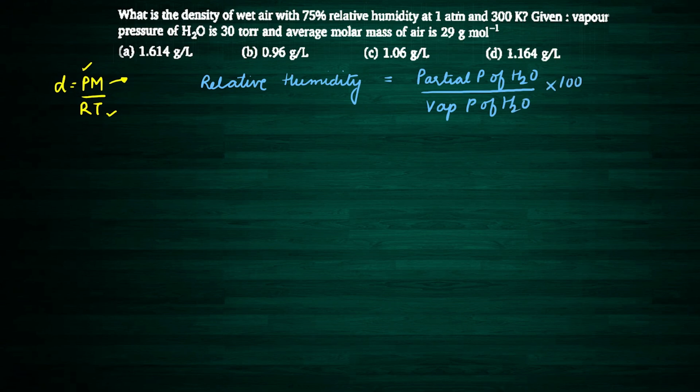So if this is given to be 75%, we can say that the partial pressure of water in the mixture divided by the vapor pressure of water, that is 30 torr, times 100 is equal to 75.